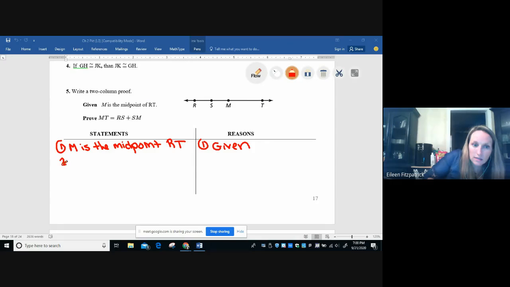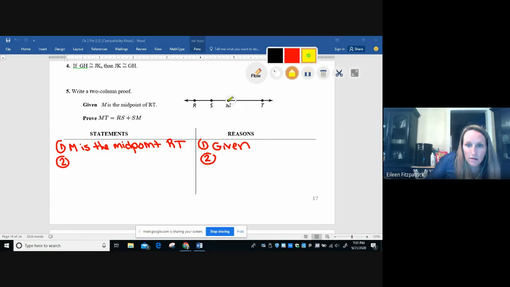Now for the second statement, try to use your given to come up with the next statement. Think about what it means when you're told something's the midpoint. If M is the midpoint, that would mean that from R to M, this length here, is equal to T to M. So we can write that RM is equal to MT. And how do you know that?